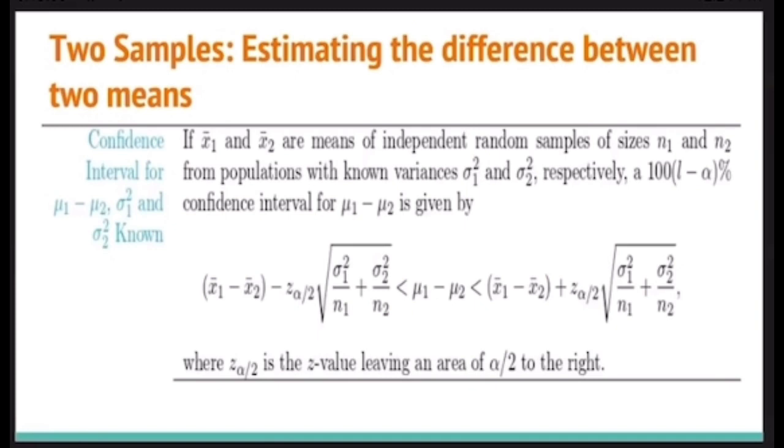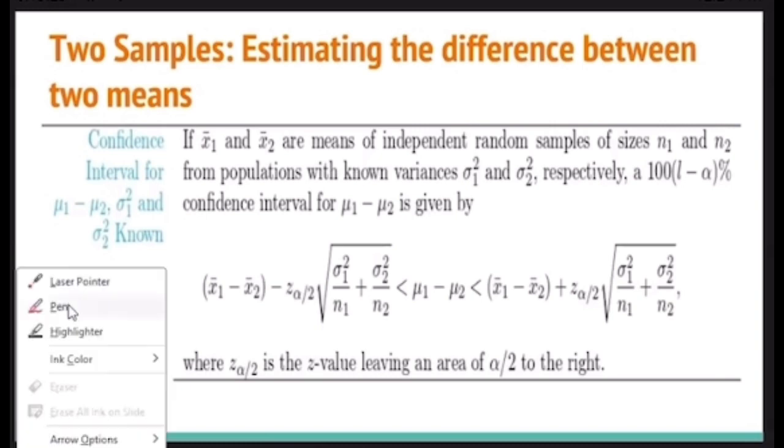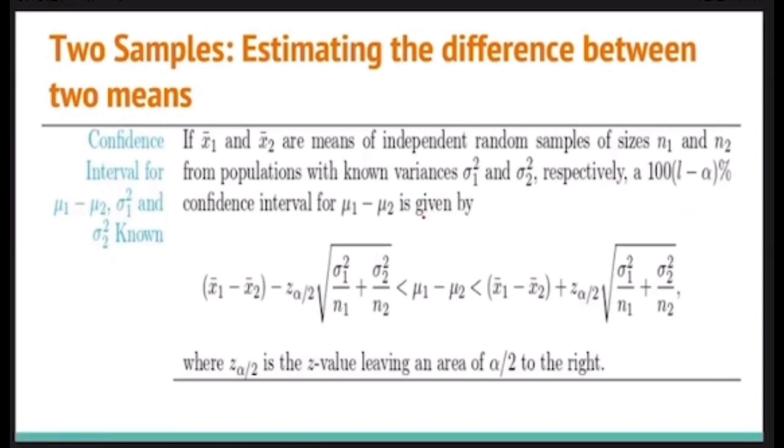When sigma 1 squared and sigma 2 squared are known, and I want to construct a confidence interval for difference of means, this is going to be the formula.